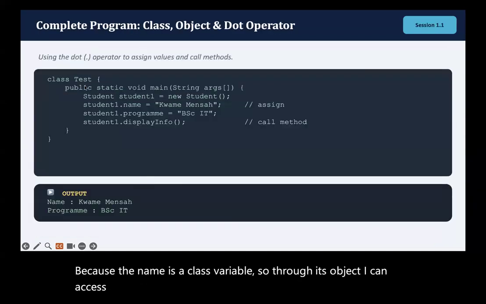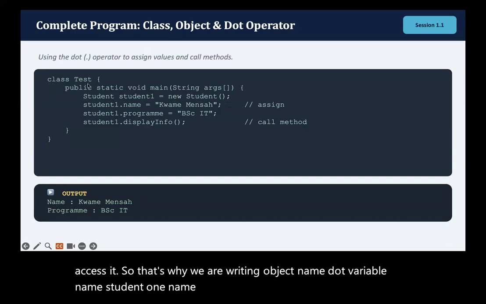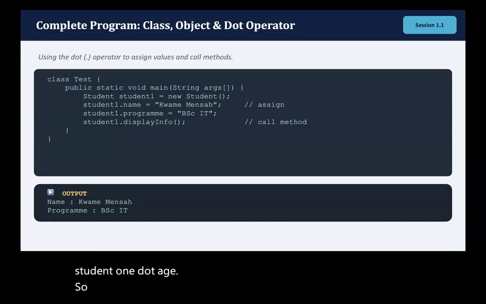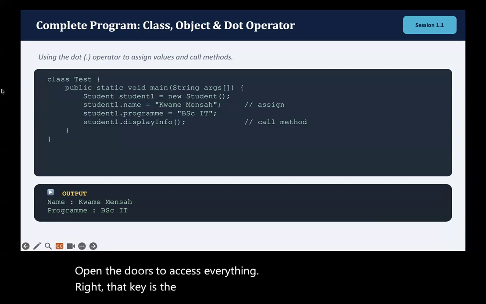That's why we write the object name, dot, variable name: student1.name, student1.course, student1.age. It is like you have the house, but you need the key to open the doors to access everything, right? That key is the dot operator.